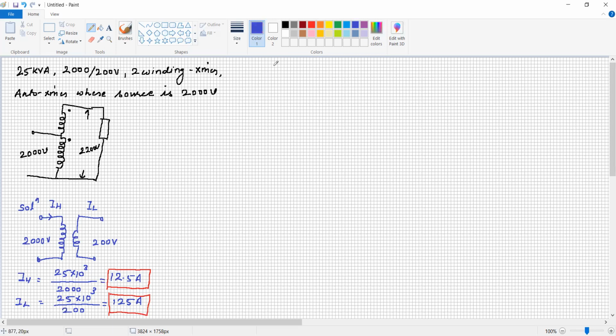Now we will convert the two winding transformer into the auto transformer. The two windings are connected in series in such a way that it becomes an auto transformer.